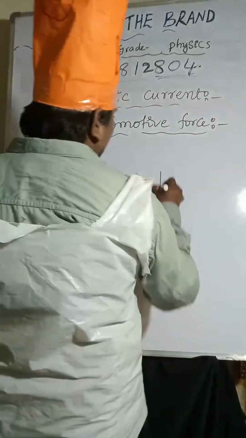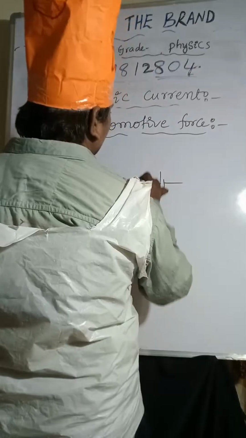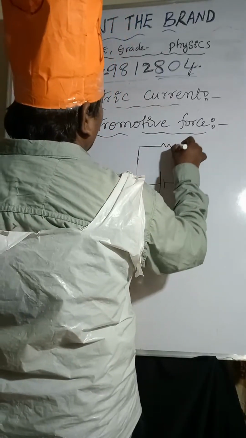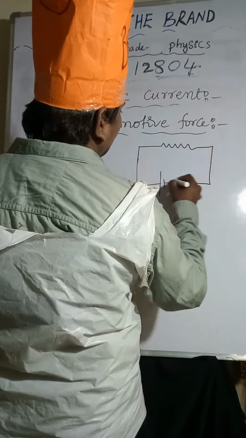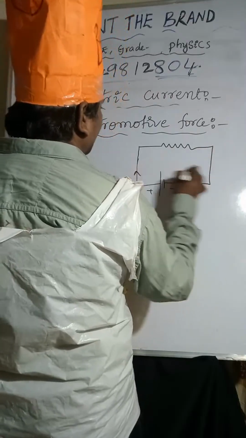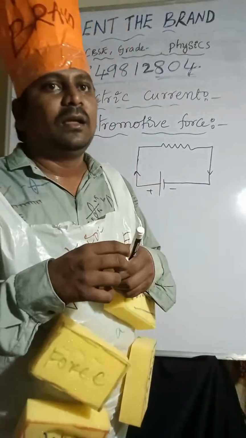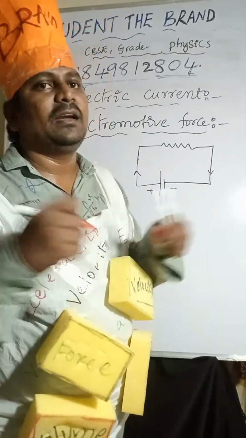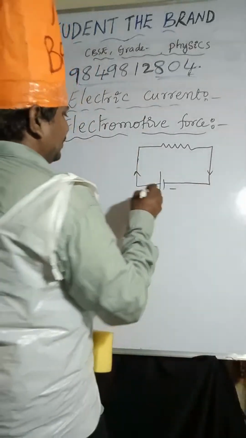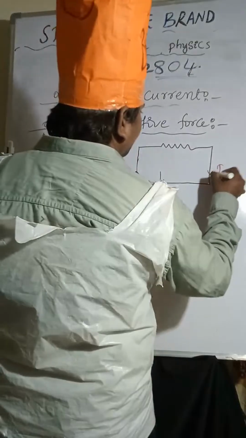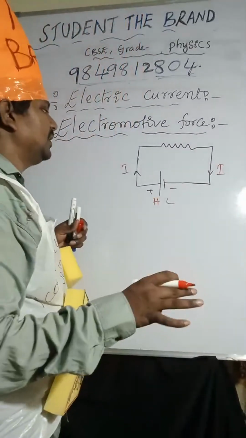I'm taking the cell connected to a resistor, with a positive terminal and a negative terminal. When you connect the cell, current automatically passes, flowing from high potential to low potential.